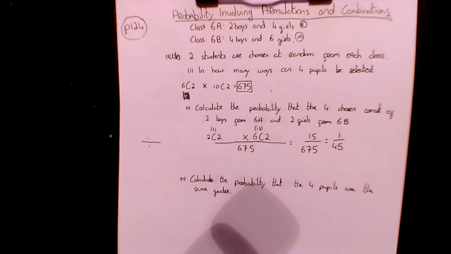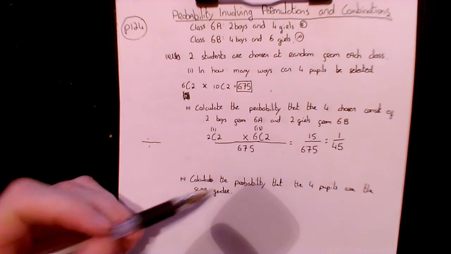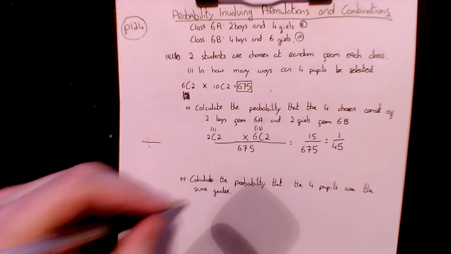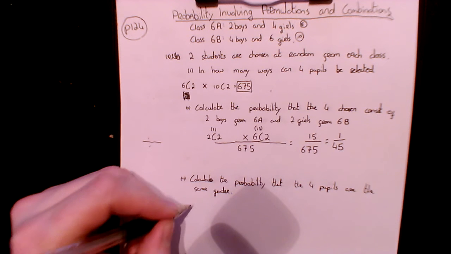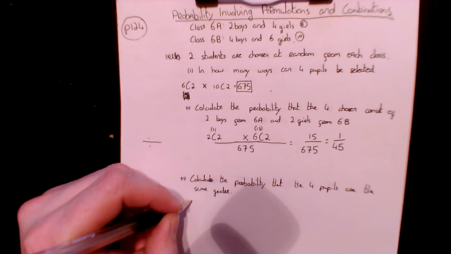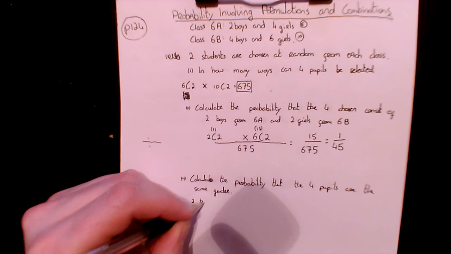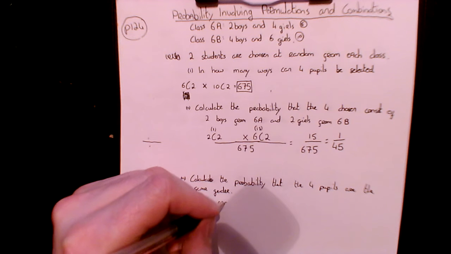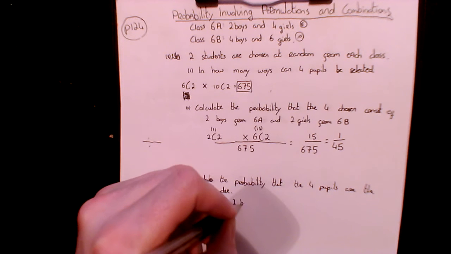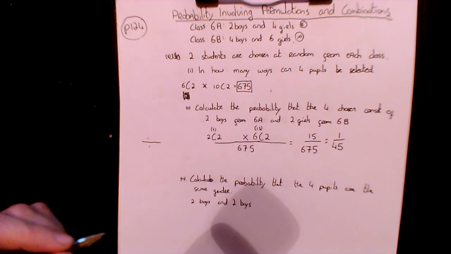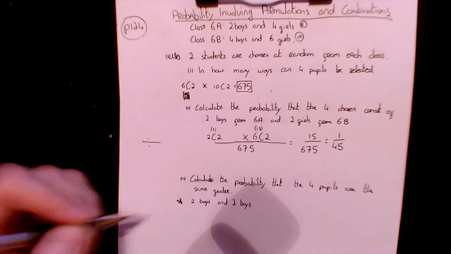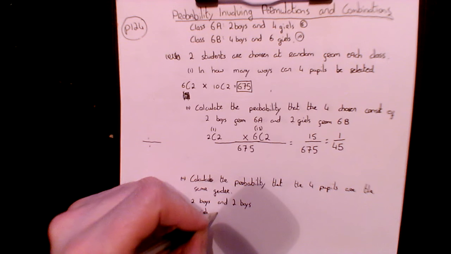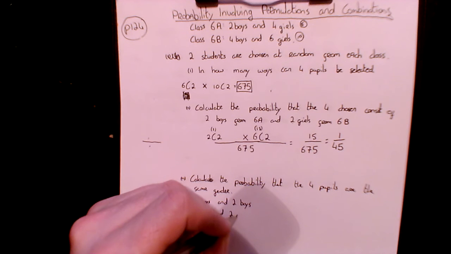Okay, so the next one. Find the probability that the 4 pupils are the same gender. Now I'm going to have to write this a different way. The 4 pupils are the same gender. So that means it could be 2 boys and 2 boys, or it could be 2 girls and 2 girls.